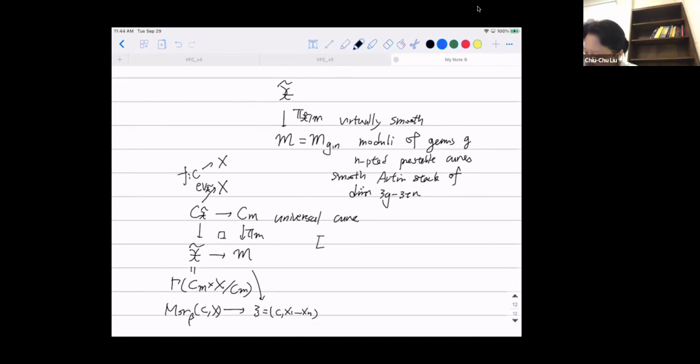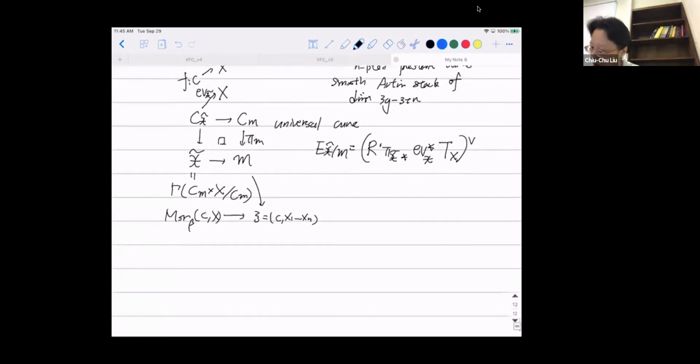And then the relative obstruction theory is the dual of this.